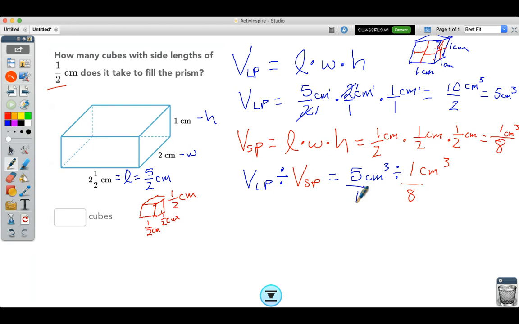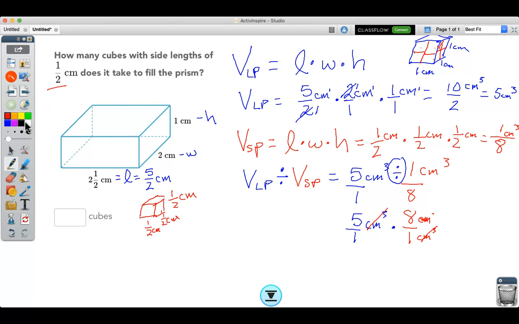I'm going to put 5 over 1. What do we do with this sign? Dividing by a fraction is the same as multiplying by the reciprocal. So I'm going to rewrite this with the reciprocal of 1/8, 8 over 1. And interestingly, the centimeters cubed cancel out.